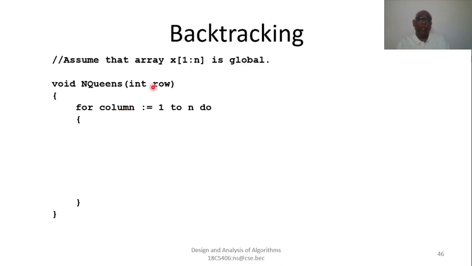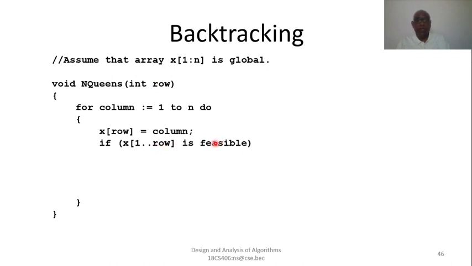So for a particular level, for a particular column value, we check whether the partial solution x1, x2, x3, up to x row, is feasible or not.